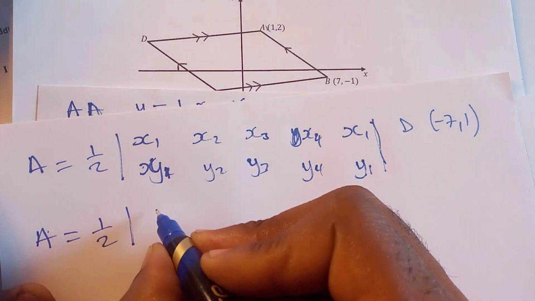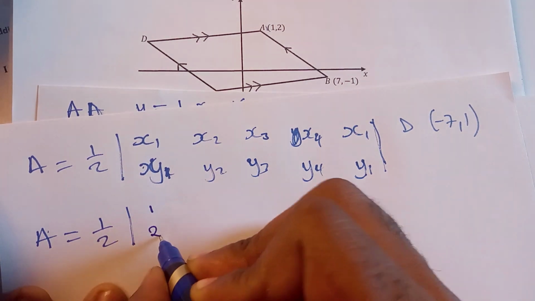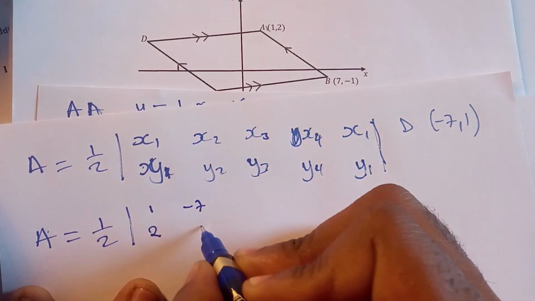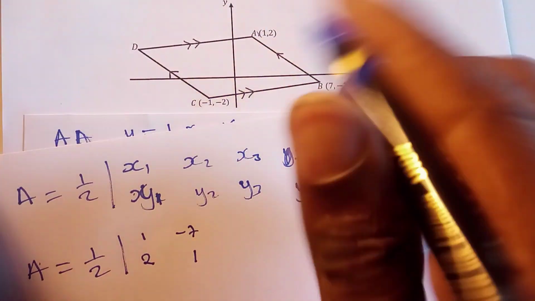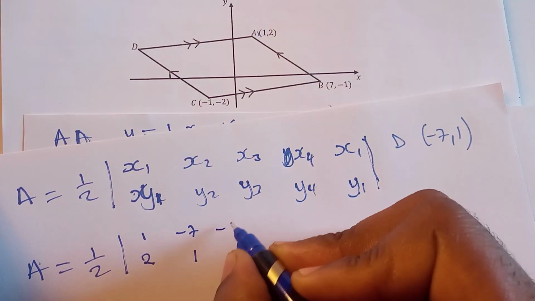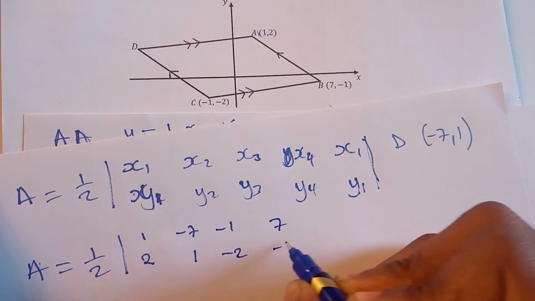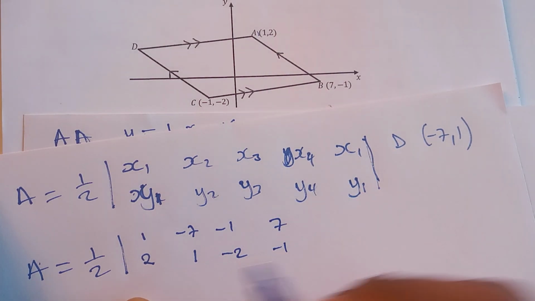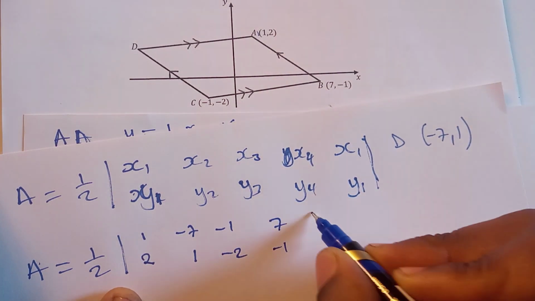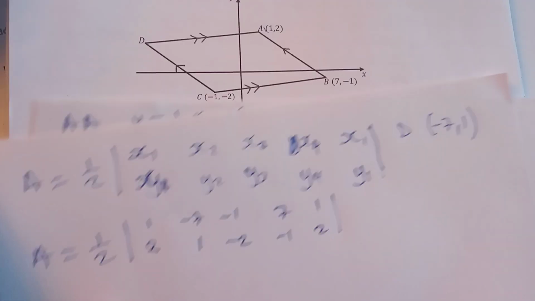Okay, so our A is 1, 2. Our D is negative 7, 1. Then our C is negative 1, negative 2. Our B is 7, negative 1. And then we repeat the first coordinates.